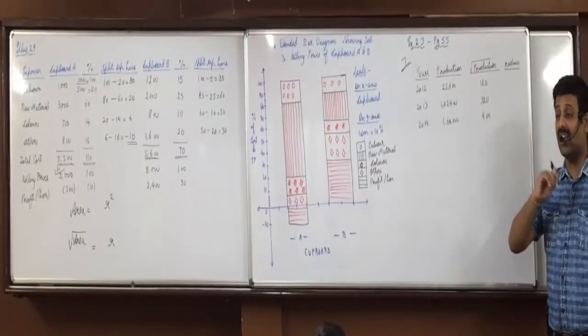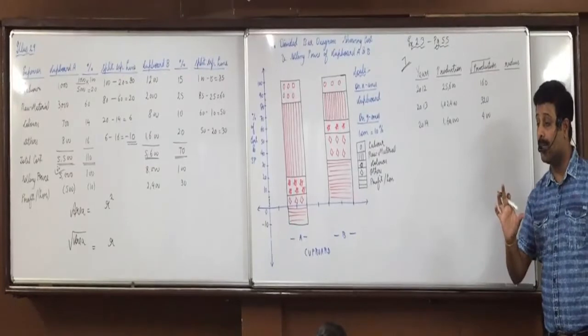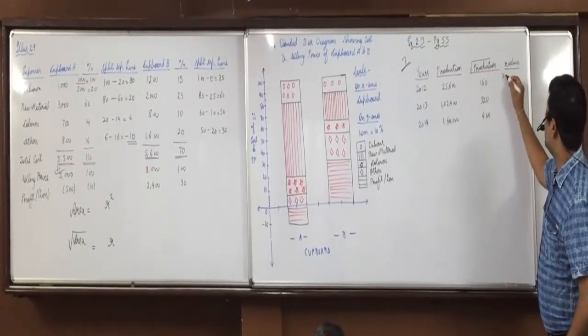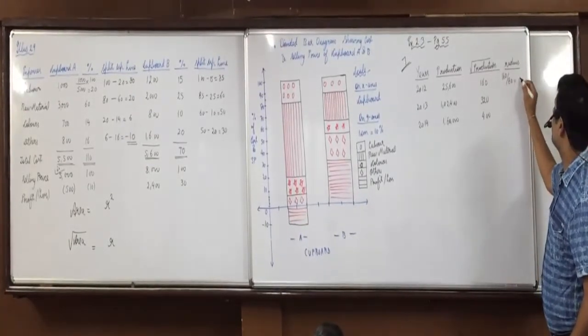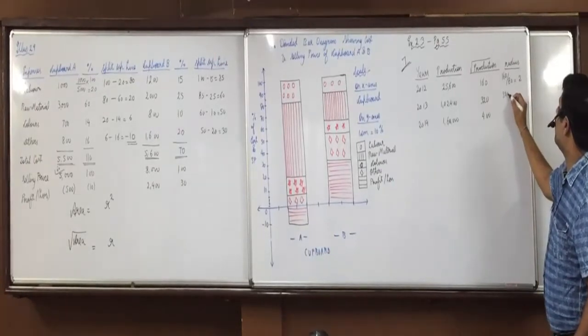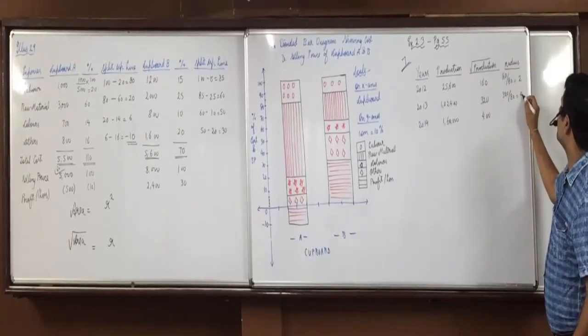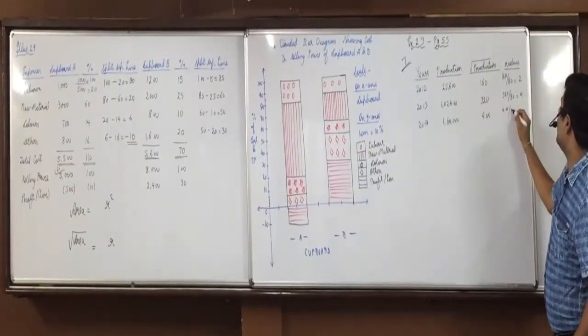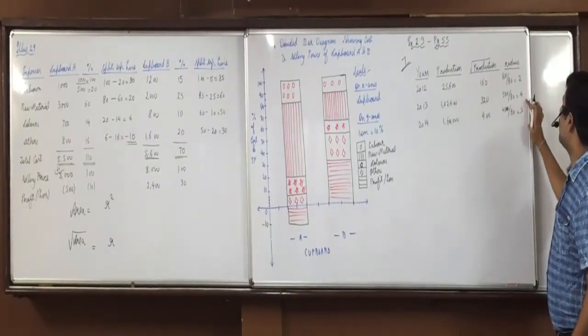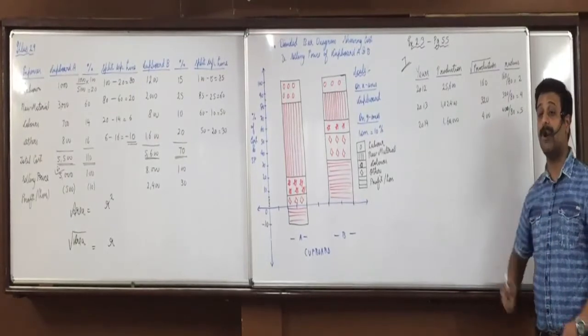Does it fulfill our purpose of getting near 3 or not? I will divide them by 80. 160 divided by 80 is 2, 320 divided by 80 is 4, 400 divided by 80 is 5. So 2 centimeters, 4 centimeters and 5 centimeters will be the radii.